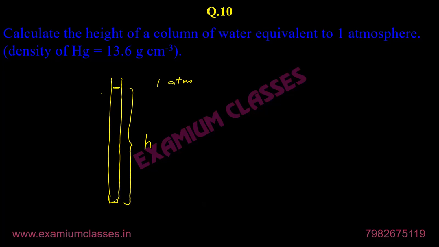Density of mercury is given as 13.6 grams per cubic centimeter. How will you find the answer to such questions?